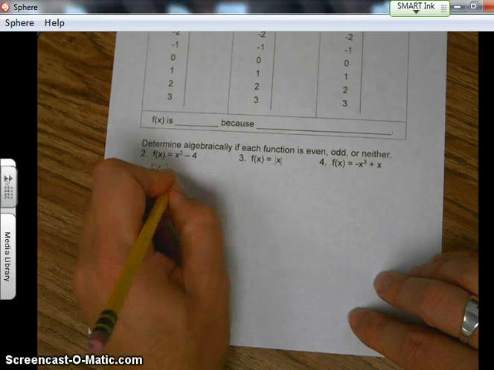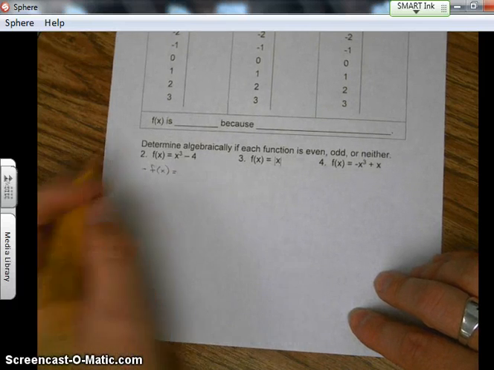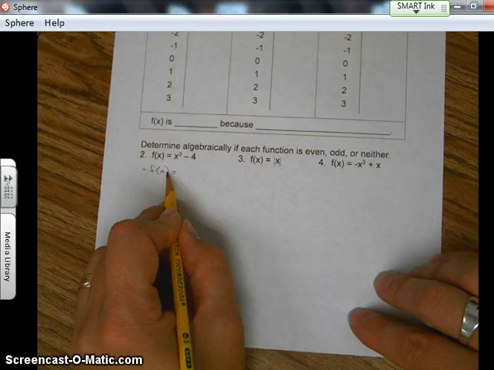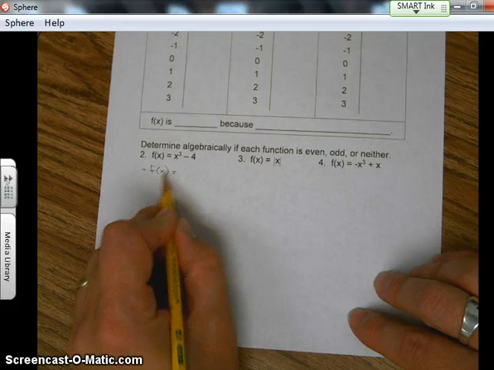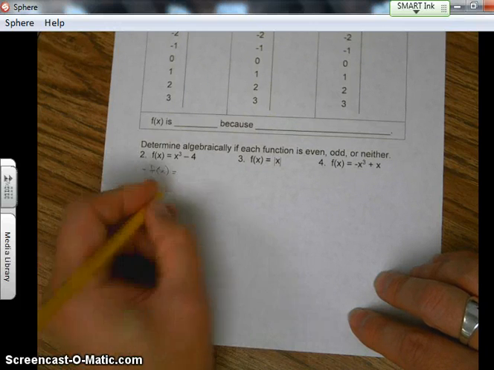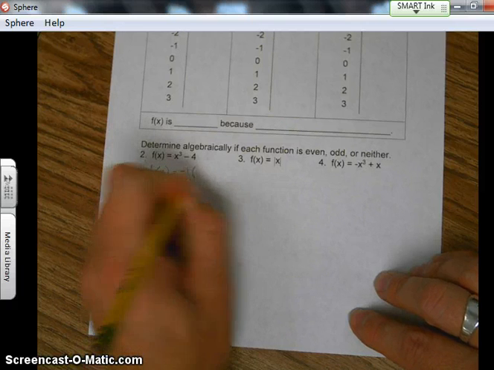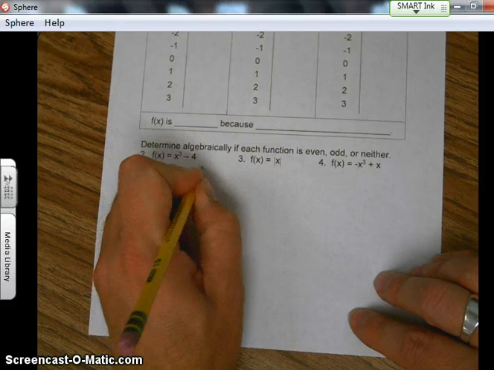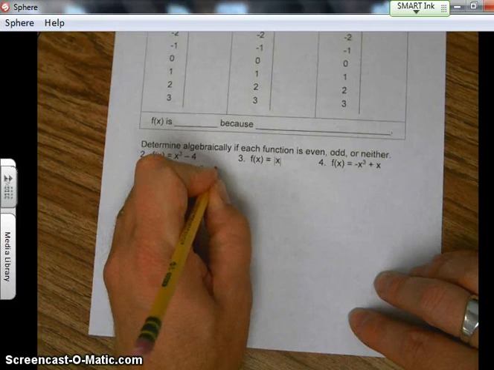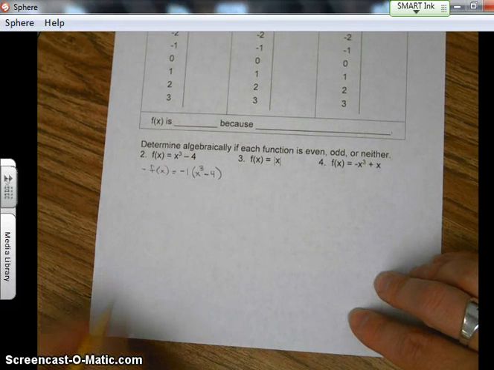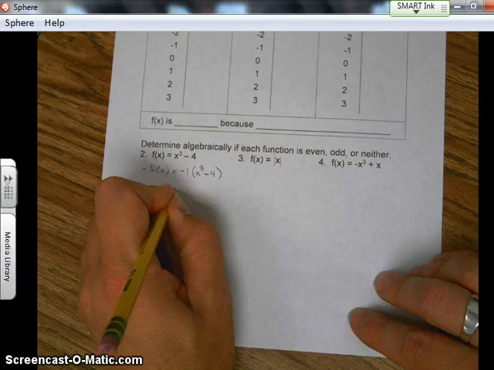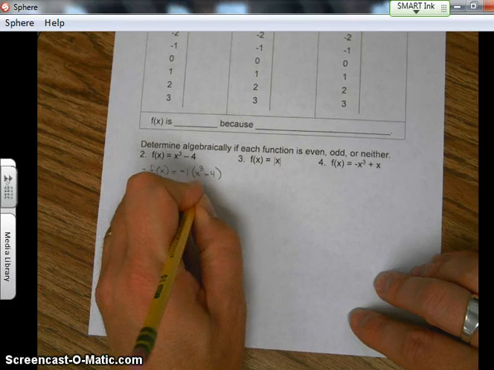What does that mean? When you find the negative of the function, we're multiplying the function times negative 1. So we're taking negative 1 times this function. What does that give us? That gives us negative x cubed plus 4.